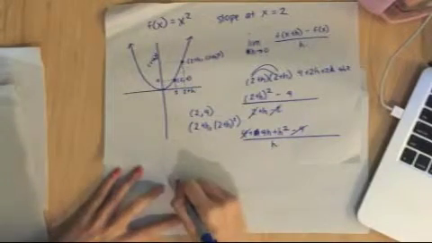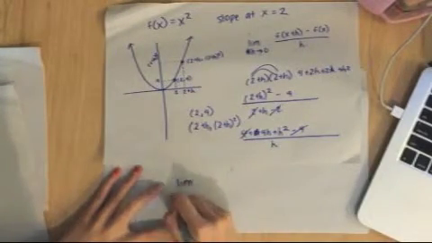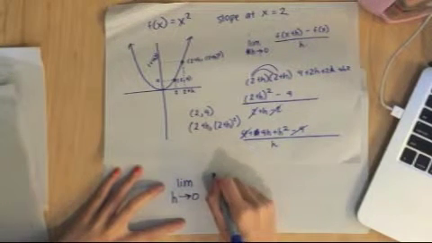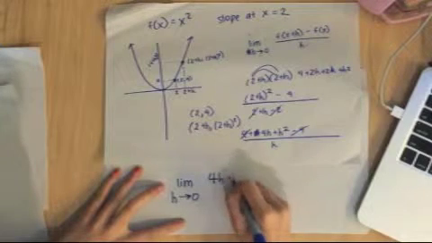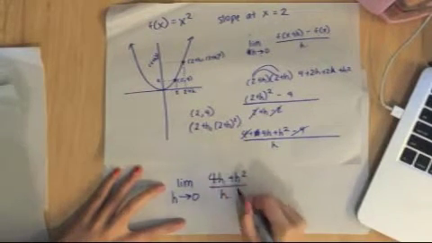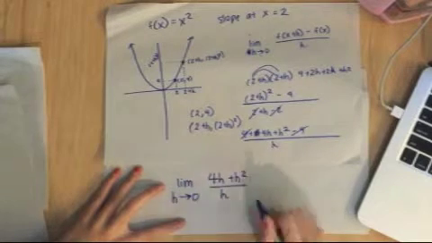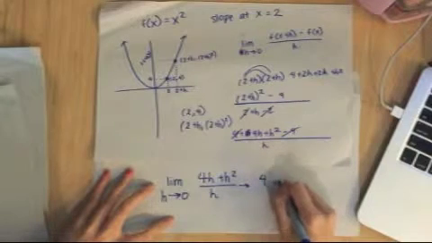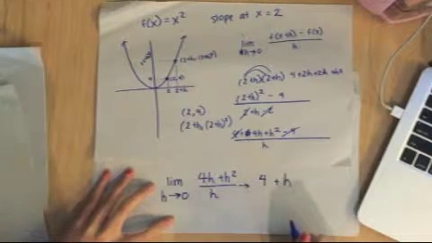And now let's just complete it by incorporating the limit. We can actually simplify this further. So it becomes 4 plus h.